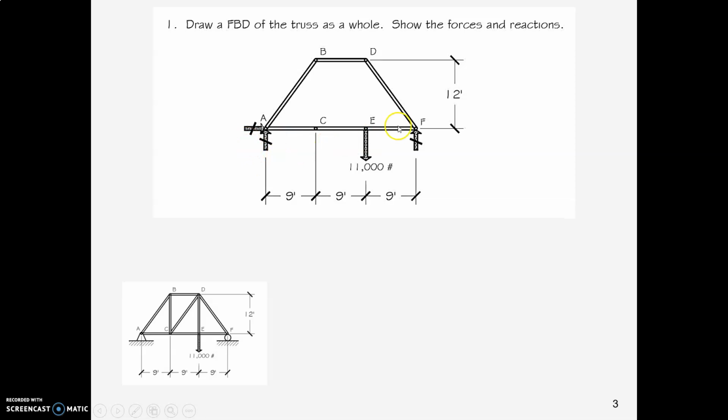And it's got reactions, and it's got the 11,000 pounds. Why did I put an X and Y reaction arrow at A? What is A? A is a pinned connection, so it has an X and Y. What is F? F is a roller connection, so it has only Y.